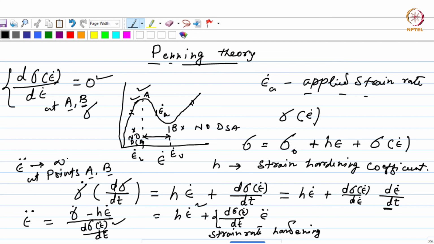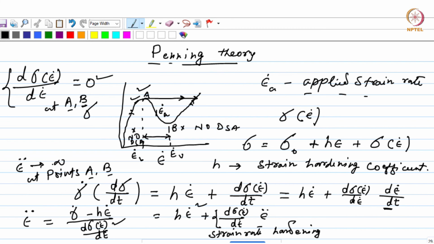Practically what it means is that this will immediately jump to another strain rate. So it was here at a particular strain rate, and it will jump to another strain rate.